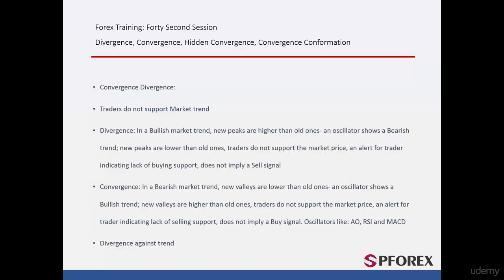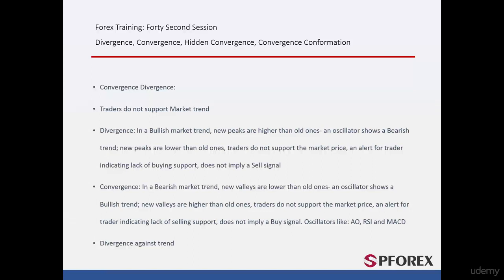Convergence or negative divergence. In convergent state, market price continues its decreasing direction, and new valleys are lower than earlier valleys with a downward trend. However, the oscillator trend is increasing, and new waves and valleys are higher than earlier valleys.